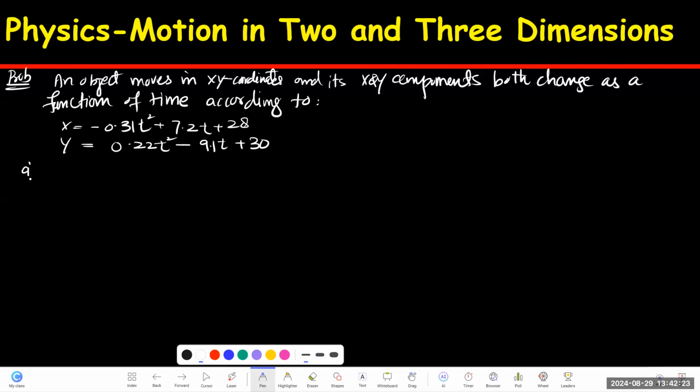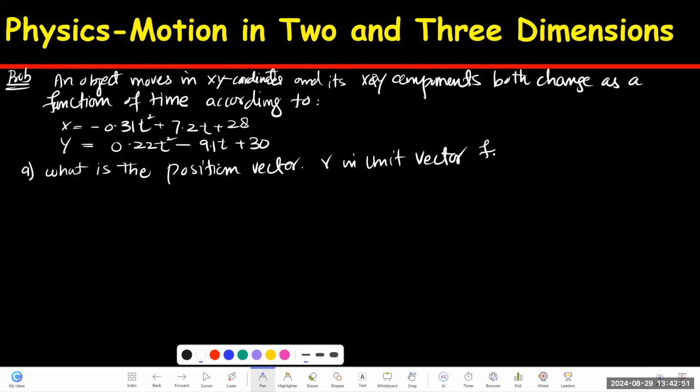Let's talk about part A, what we need to find out. What is the position vector R in unit vector form at time t equals 15 seconds?